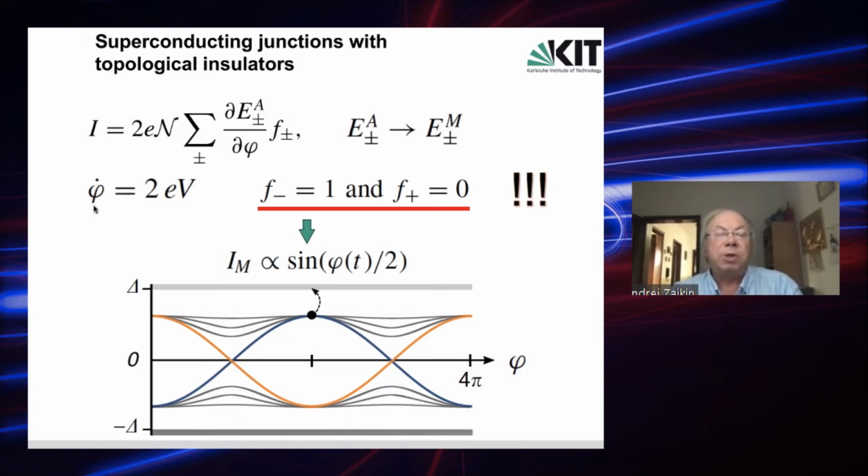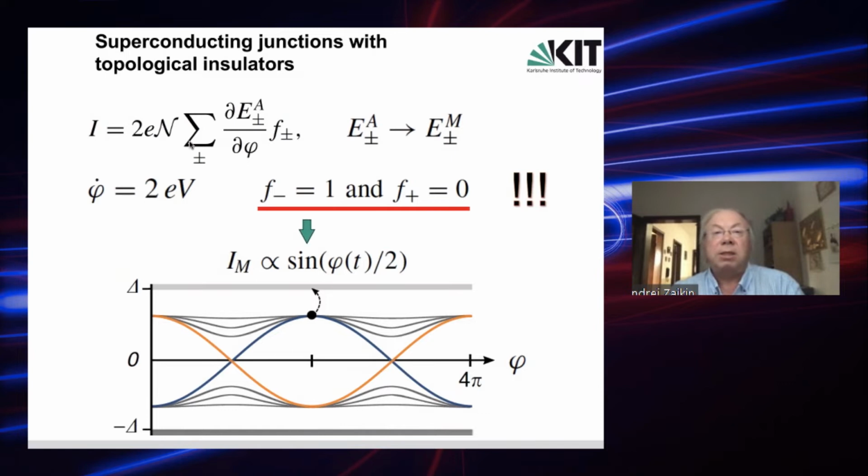That is, provided we drive the phase by applying phase in time, so it starts depending on time according to this formula, to this Josephson relation. If we apply a small voltage to the junction, and in this case, people assumed, and this is a crucial assumption, that this system can stay on one of the levels, making tours like this, and so the filling factor of one of the levels would always be equal to 1, and of course then another level would be empty.